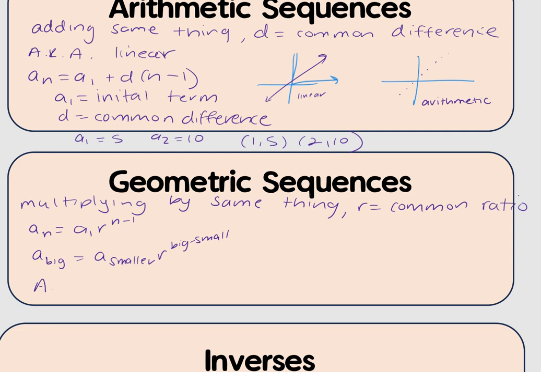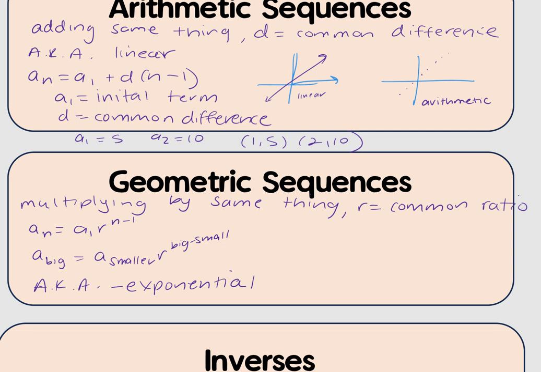And this is almost the same as exponential. If I'm choosing between geometric and exponential, I make my exponential geometric because I think it's easier if you don't have a calculator to do that big minus little.